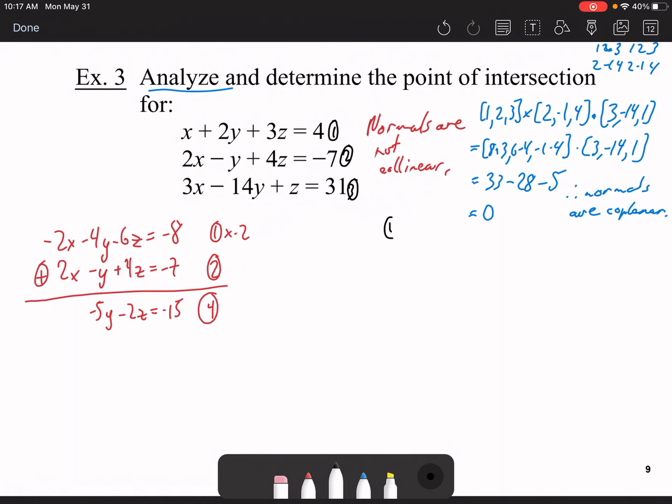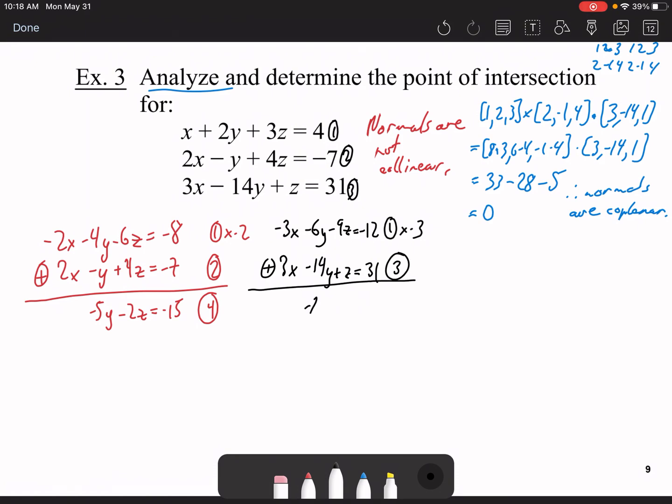So equation 1, I'm going to multiply by negative 3 this time. Make sure you're multiplying all the values by negative 3. The most common error is that you forget one of the numbers. And again, I'm going to add these two equations.